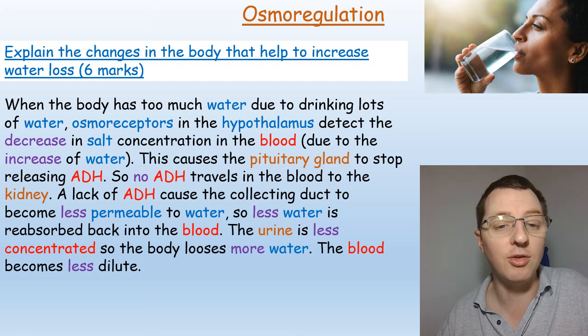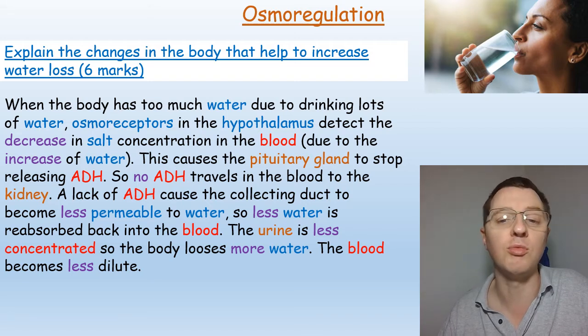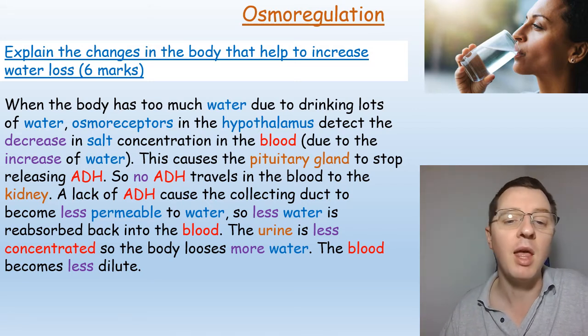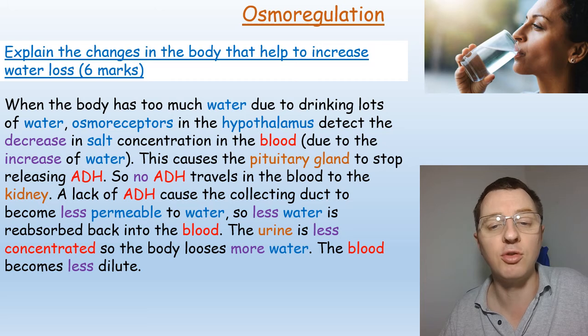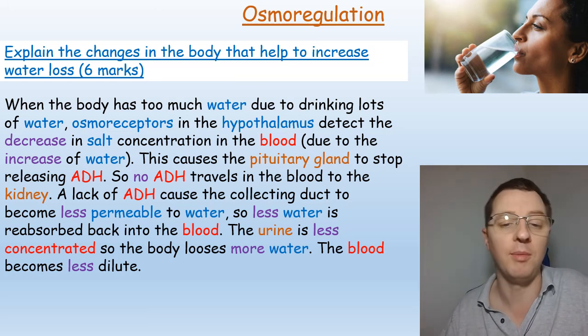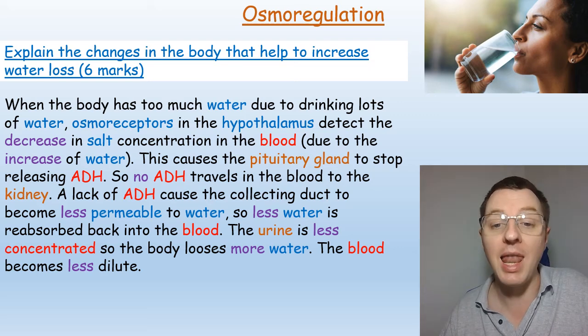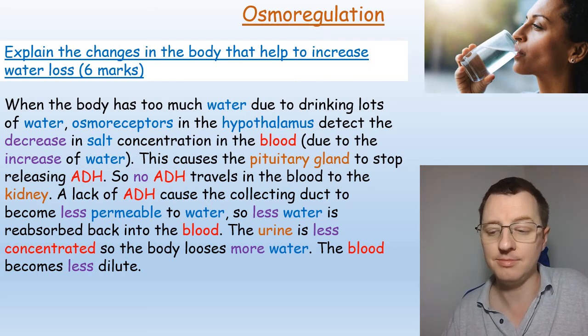So less ADH travels in the blood to the kidneys, and a lack of ADH causes the collecting duct to become less permeable to water, so less water is reabsorbed back into the blood, and the urine becomes less concentrated, so the body loses more water and the blood becomes less dilute.